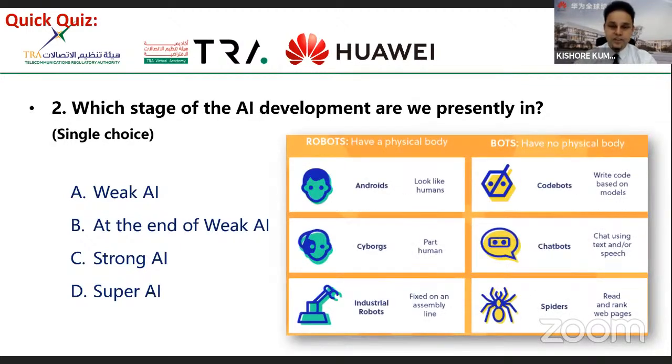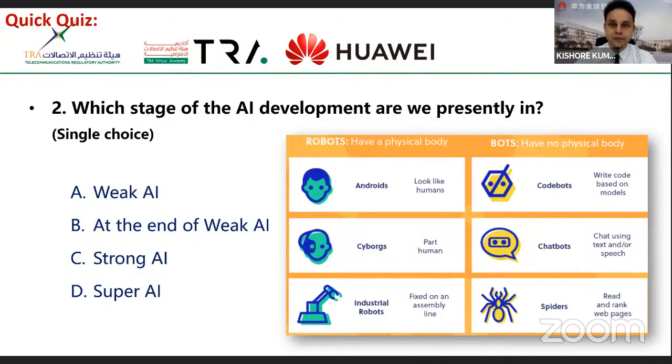Okay, one other thing to mention here is that you might hear these two terms called robots and bots. The differences between robots and bots are such. Robots usually have mechanical hands or mechanical devices attached to them, whereas bots don't have any mechanical devices.